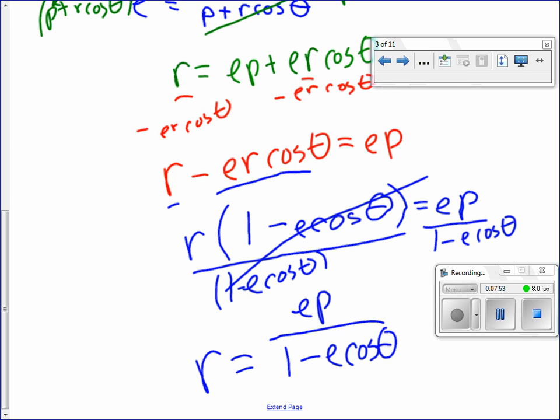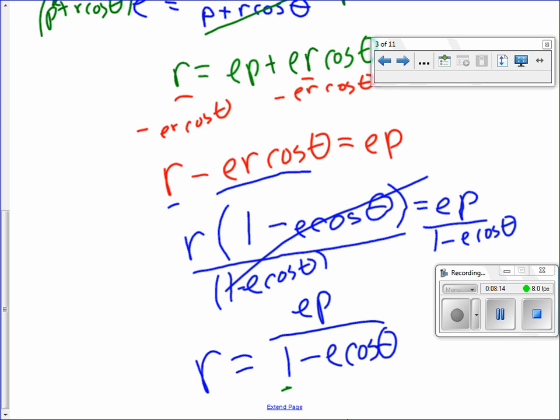No, you can't factor out the E's because it doesn't appear in the first term there. It doesn't appear in every single term, so it can't be factored out. It's not a GCF. Exactly, yep, we have to get the R alone.